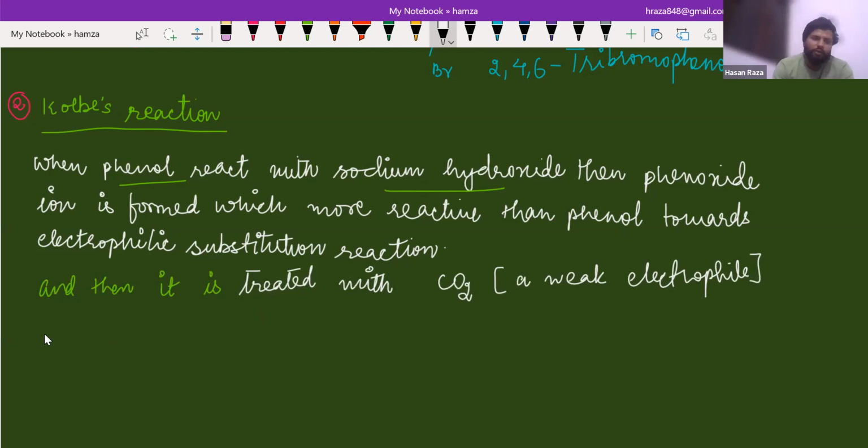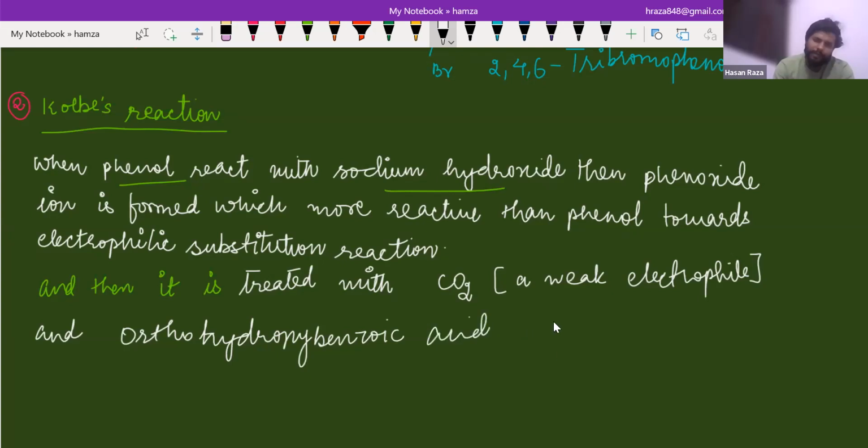Treated with CO2 and ortho-hydroxybenzoic acid is formed. Ortho-hydroxy acid is formed as main product.